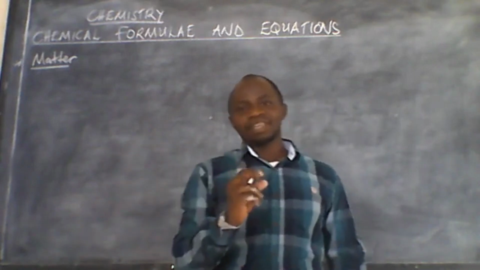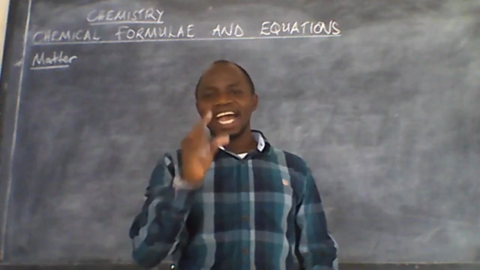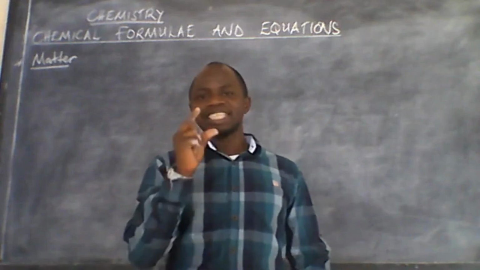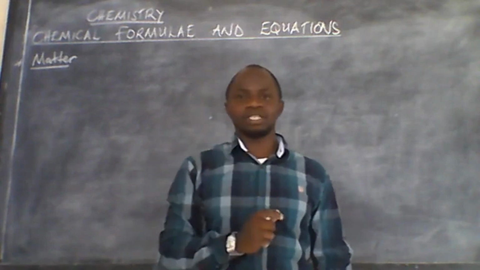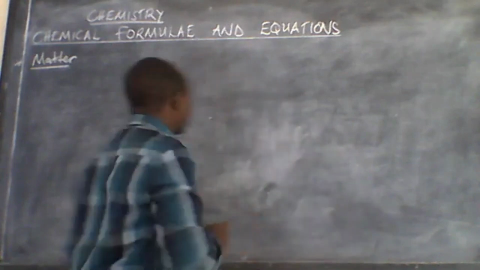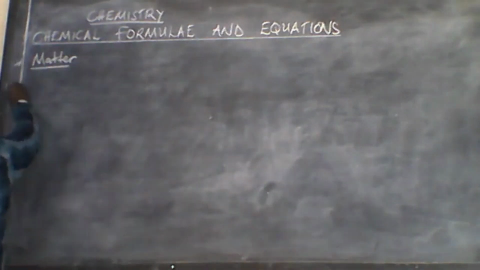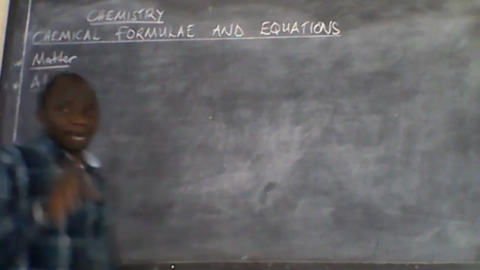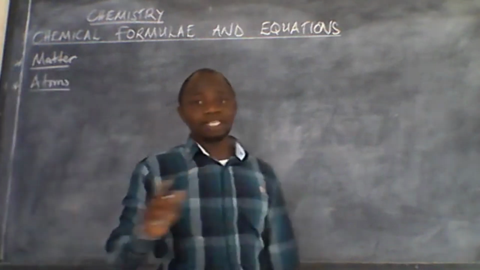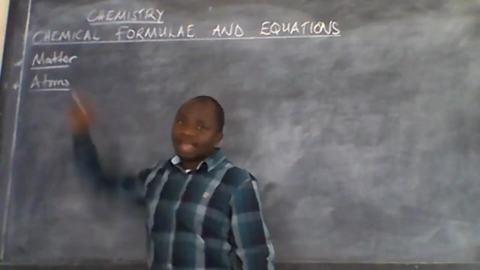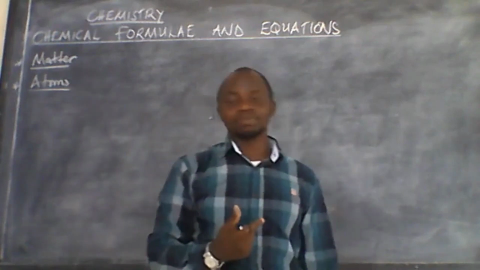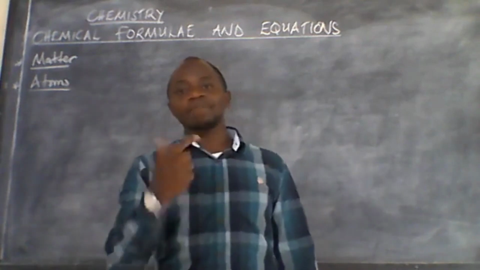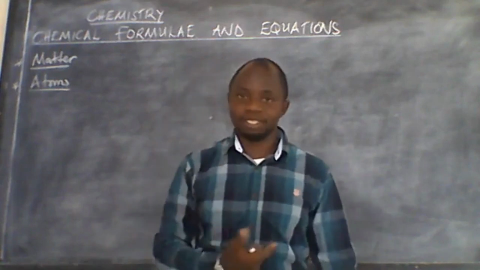Now, matter is made up of tiny and separate particles, which are called atoms. Hence, we define an atom as the smallest particle of an element.